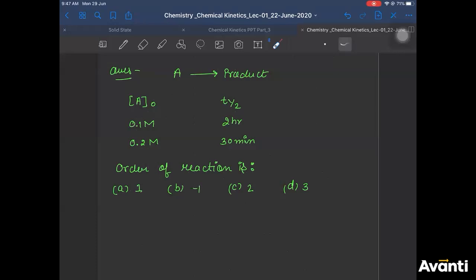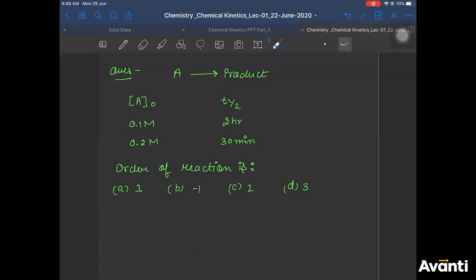Yeah. So what we can say here is, again, we had 2 T half and we had 2 initial concentrations. So before jumping into the solution, you apply logic before jumping into the formula.